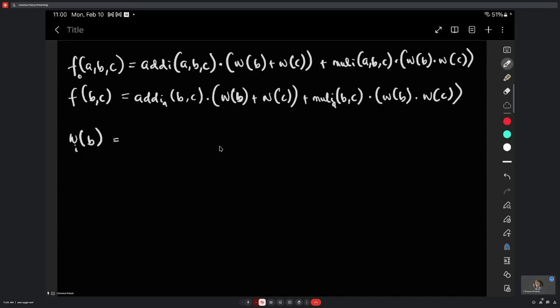Okay. So we can think of W as, or basically there's a relationship between WI and WI plus 1, which is still the sum check polynomial f.